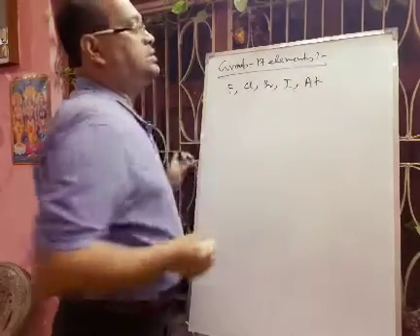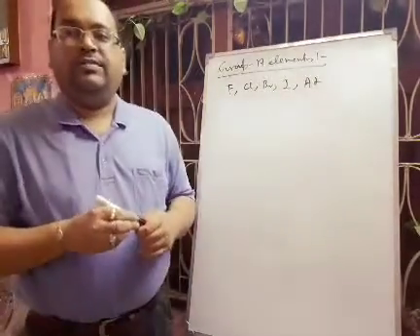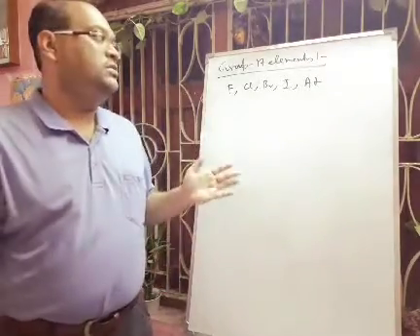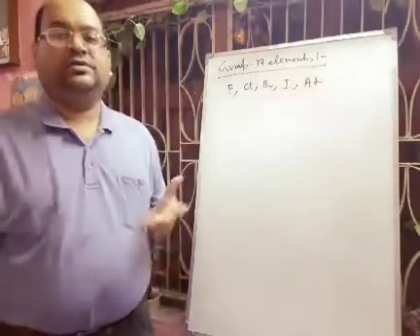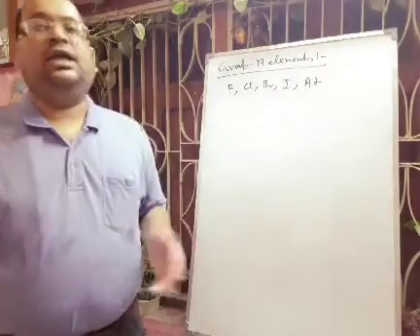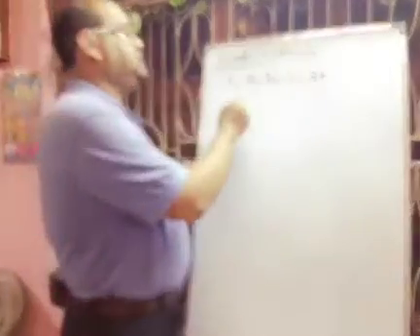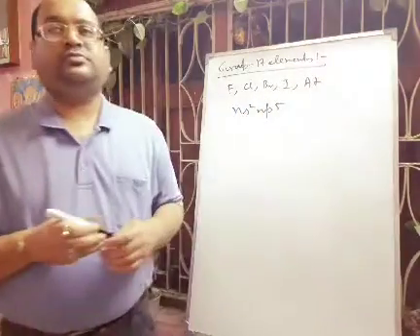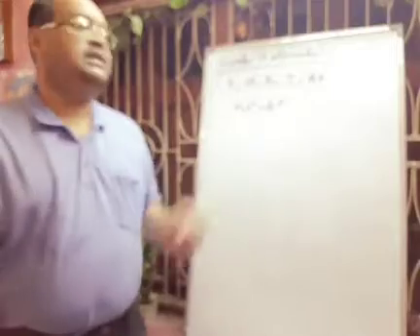These are the group members of this group, and they are collectively known as halogens because they are salt formers. All elements of this family have the general outer electronic configuration ns2 np5. So they have 7 valence electrons.